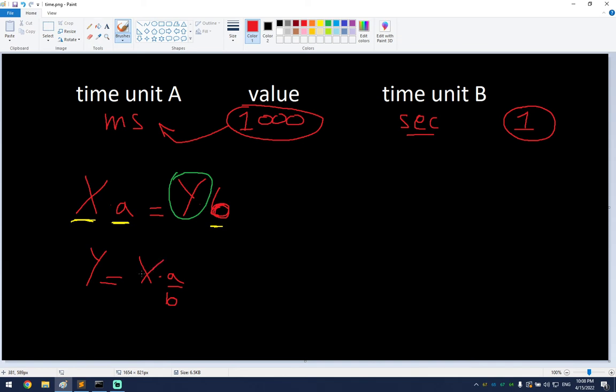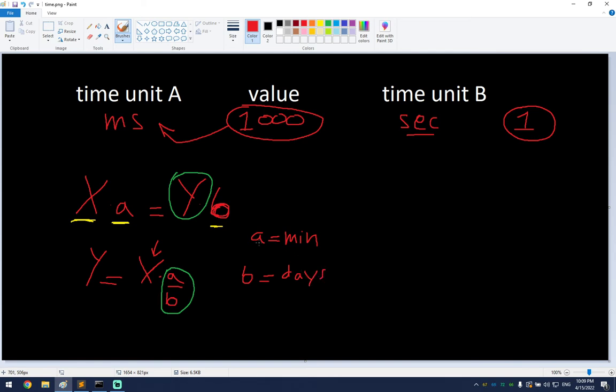So I already have the value x given by the user. What I need is to compute this ratio here, so a divided by b. So let's take a sample case, okay? Let's say we have a equals minutes and b equals days, okay?